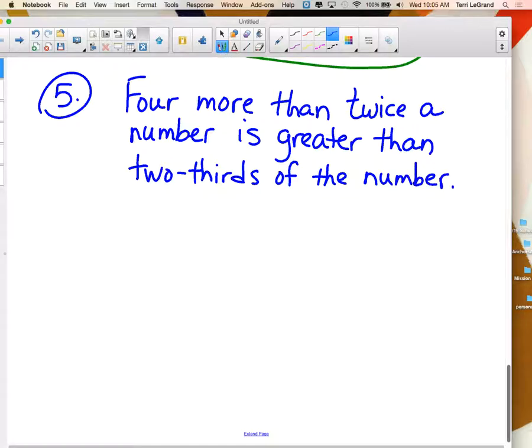Okay, so that's written out first of all. 4 more than twice a number is greater than 2/3 of a number.